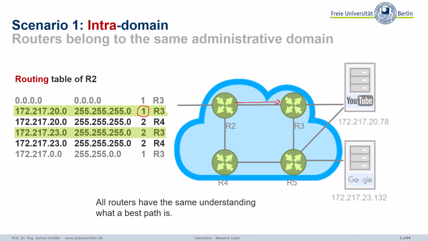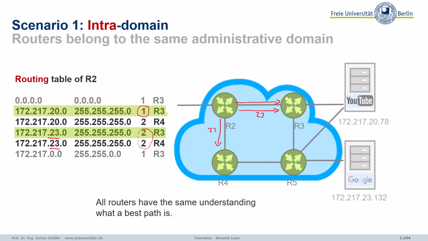And for another network, as you see, we have choices. So for this 23, we can pick either path. The 23 can take the upper path, and with the same weight, can take the lower path. Okay?